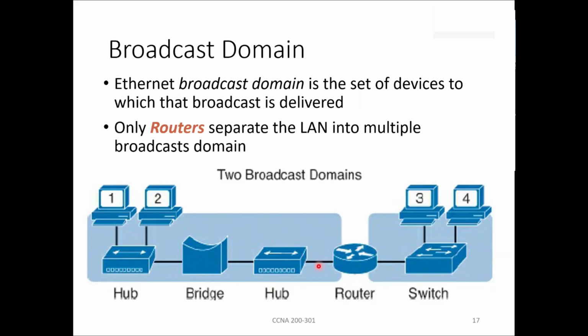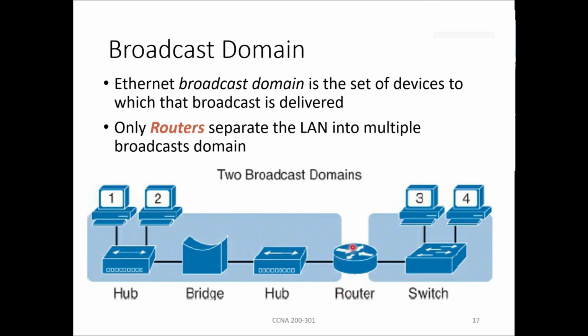So the router has 2 different links and 2 different subnets. They are connected with 2 different links. If the router has 3 interfaces or 3 links, that means we need 3 different subnets. So each individual router link is considered to be an individual subnet, or individual broadcast domain, if we have a router.